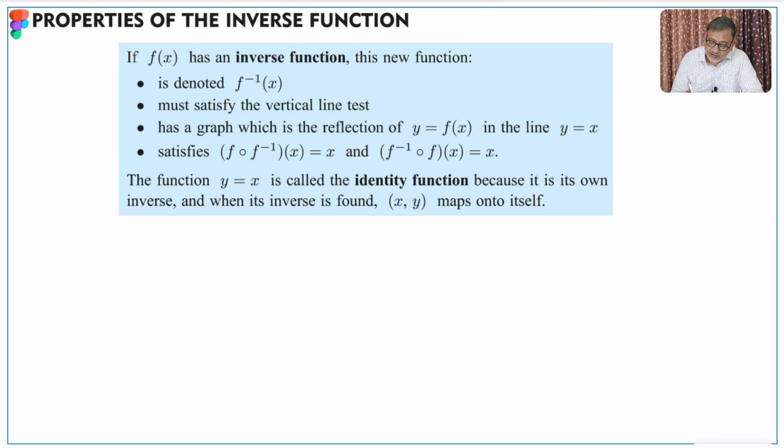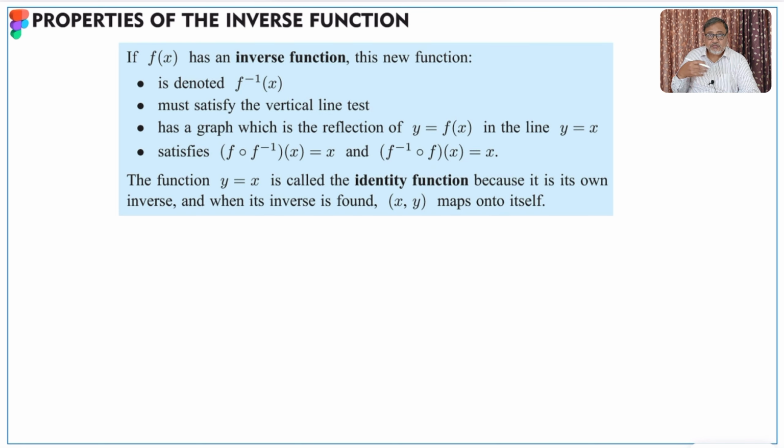It has a graph which is the reflection of f of x in the line y is equal to x. Okay. If you draw the graph of f and f inverse, the graph of f inverse will be the exact reflection of f in the mirror line y is equal to x. It satisfies f of f inverse of x is equal to x. Okay. Or f inverse of f of x is equal to x.